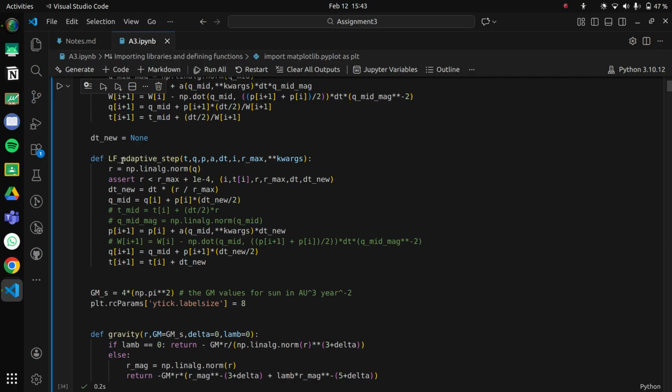Position, orbit. Yeah, because p i plus 1 equals p i plus dt, so it has to be the way. But then r suddenly became really big.